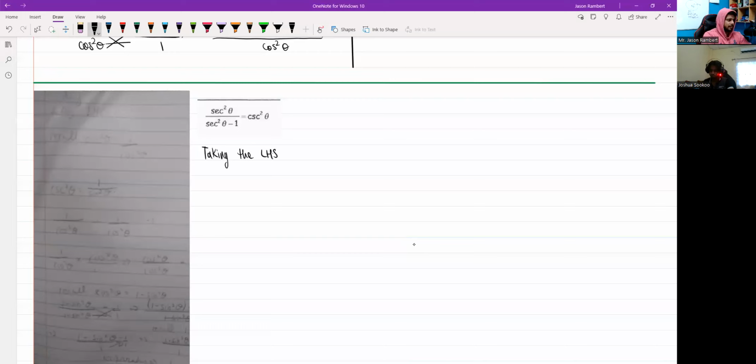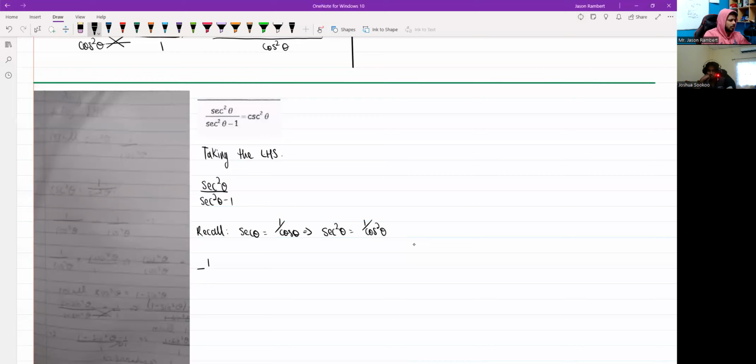Taking the left-hand side, sec squared theta over sec squared theta minus 1. I'll recall, just like you did, that sec theta is equal to 1 over cosine theta. And as a result, sec squared theta is 1 over cosine squared theta.